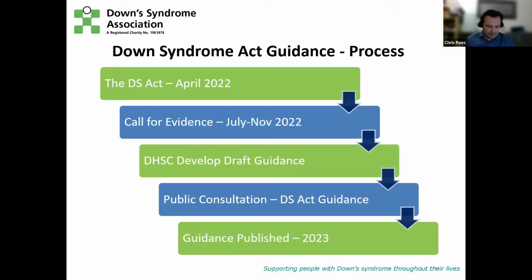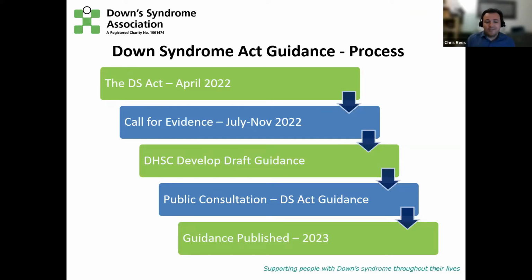The process as it stands is that the Down Syndrome Act got royal assent in April. The call for evidence, the second stage, has just started for 16 weeks, which will take us up to early November. Then the DHSC will take away all the information and evidence that they get and draft some guidance.